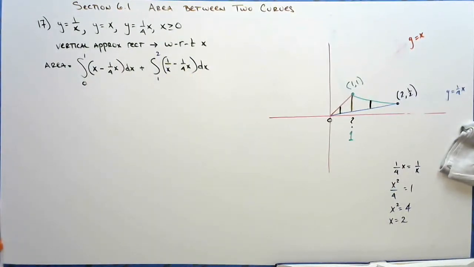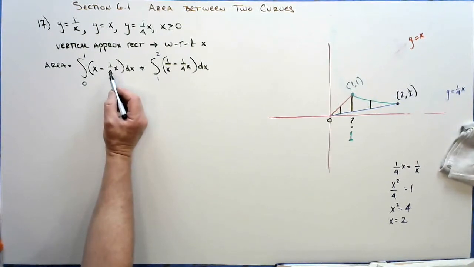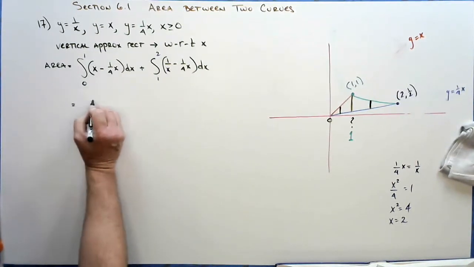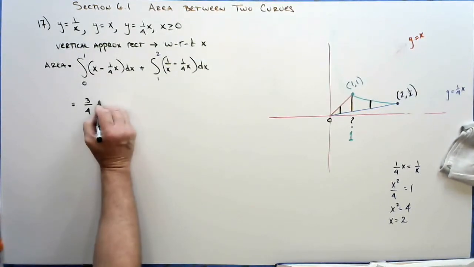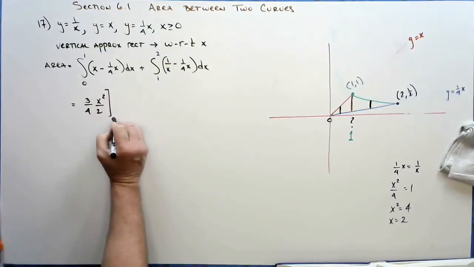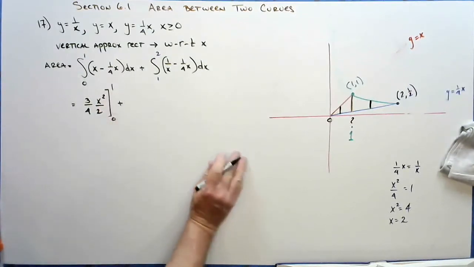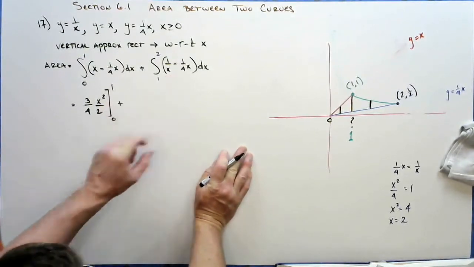And now, what's left? Well, we integrate, all right? x minus 1/4 x is 3/4 x, isn't it? So this is going to be 3/4. Then I integrate x. That gives me x squared over 2, evaluated between 0 and 1, plus. Here I have 1/x, right? 1/x.